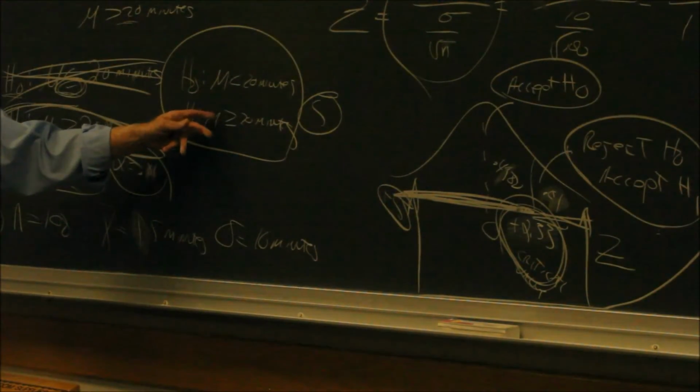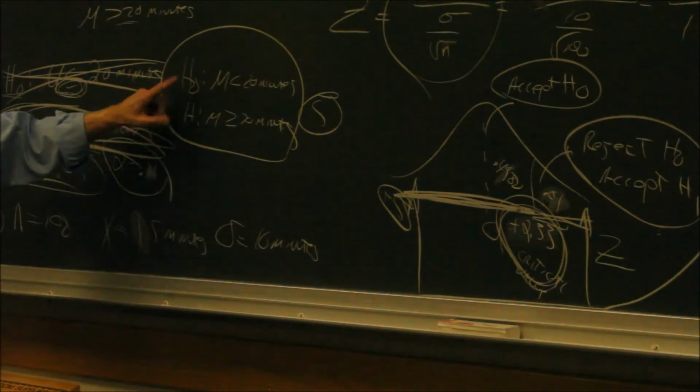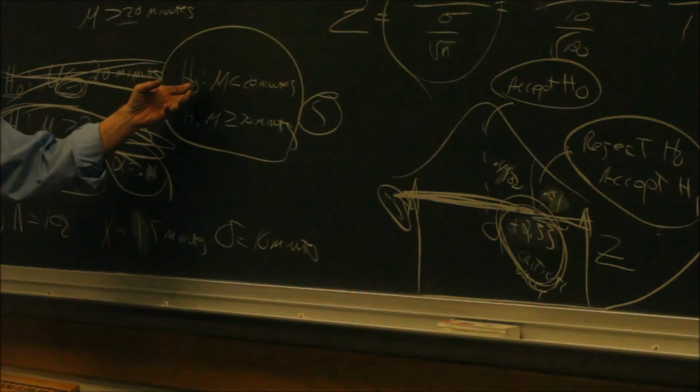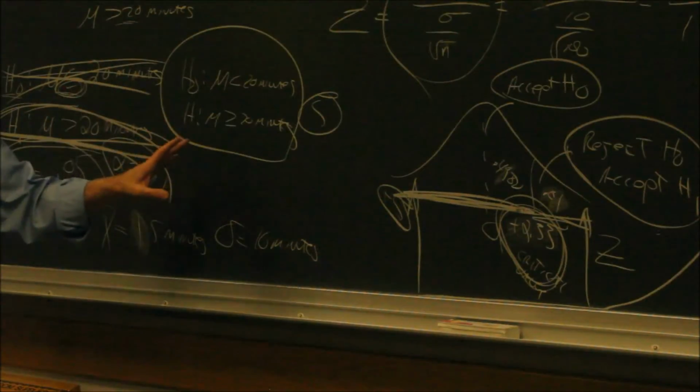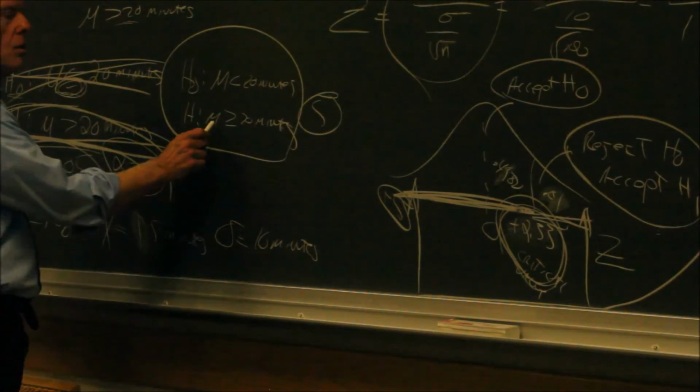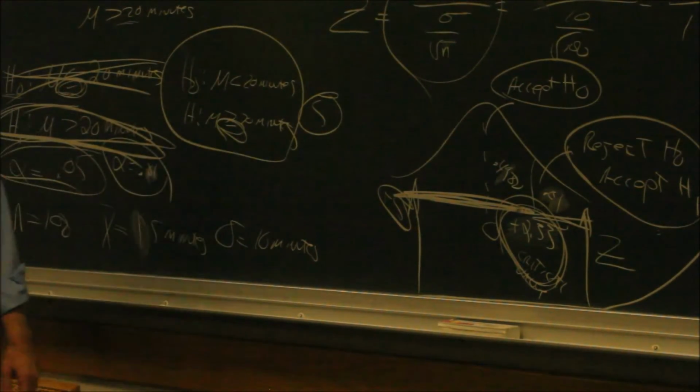You really should be flipped, and you'd be rejecting H0 versus accepting it. So make sure that when you set this up correctly, the equality is always H0. That's one of the constraints on hypothesis testing. And so always remember that.